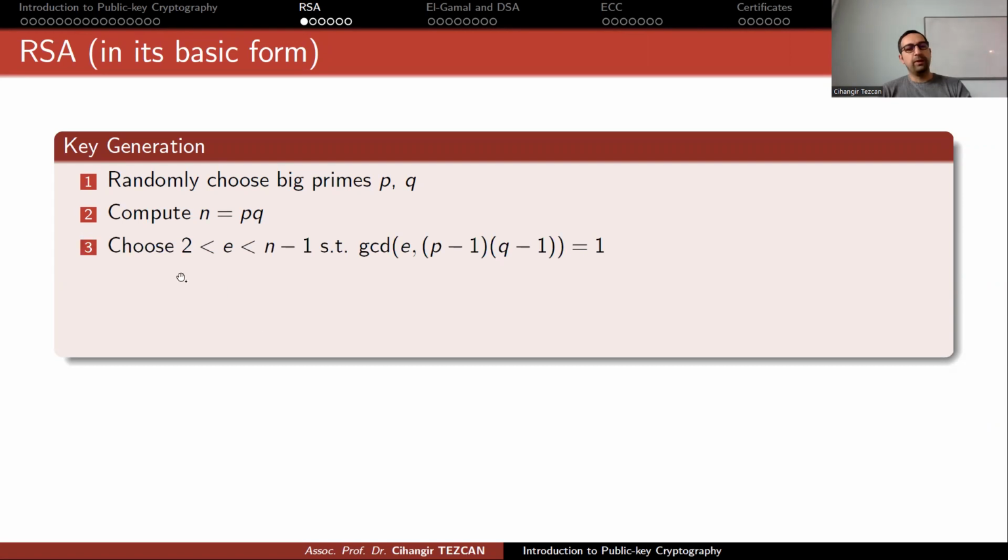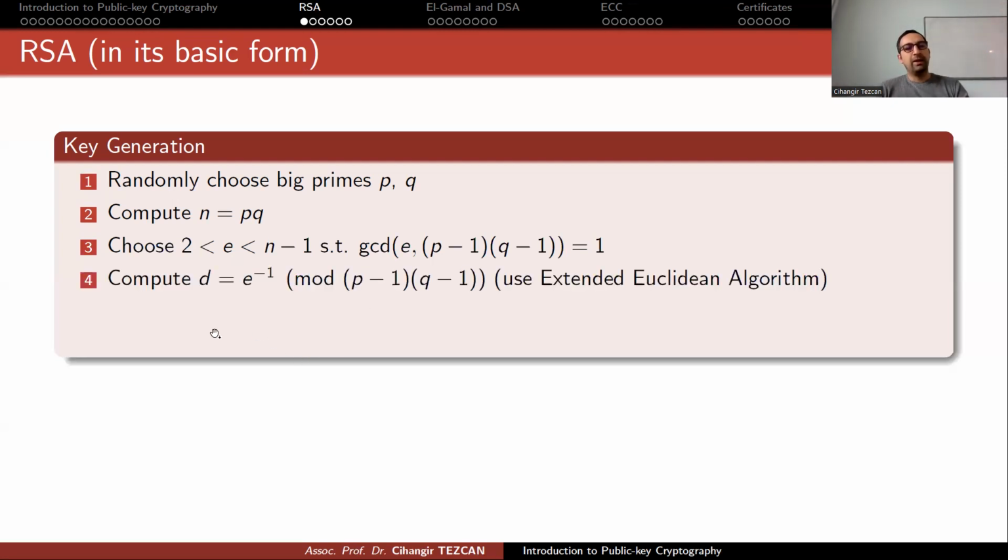Okay? So then we choose a public parameter E. This can be something as small as 3, or sometimes we choose 2 to the 16 plus 1, which is 1, many zeros, and then 1, which allows us to perform operations in an efficient way. Then we compute the inverse of E modulo P minus 1 times Q minus 1.